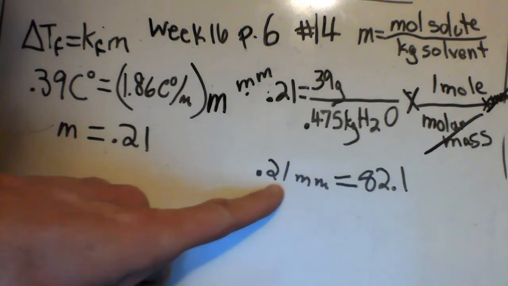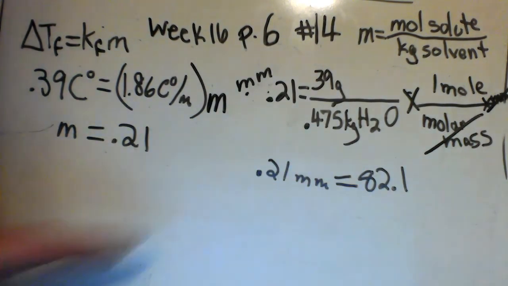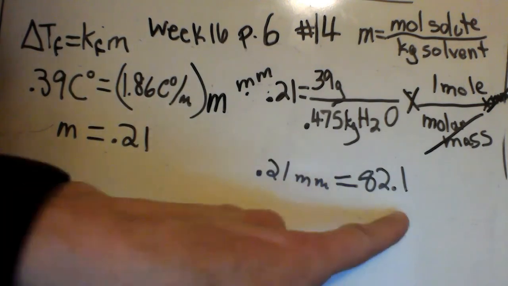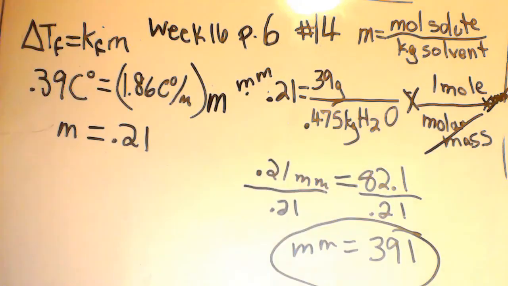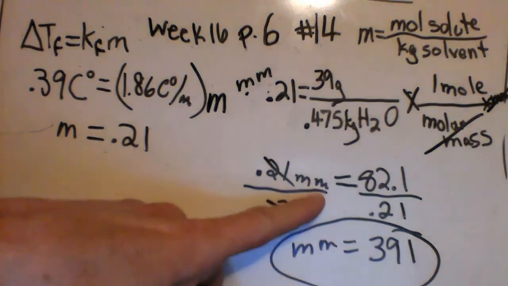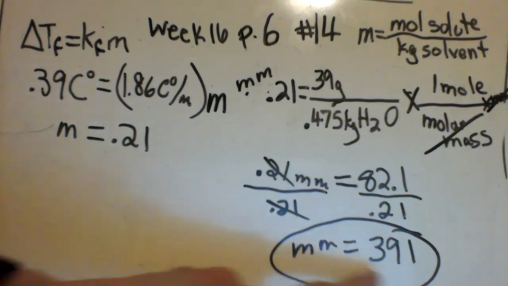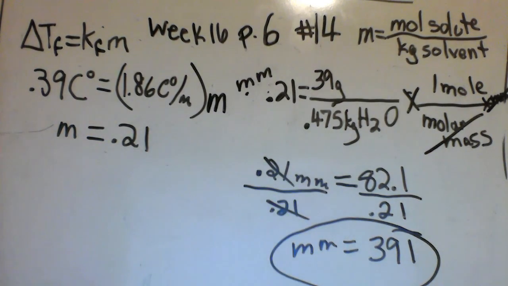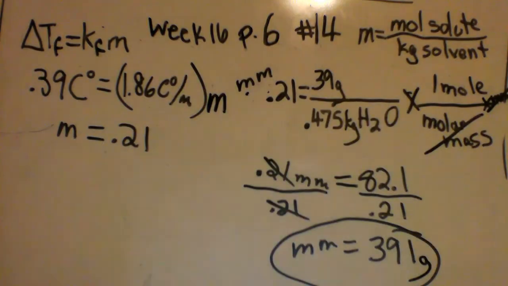It turns out that 0.21 times molar mass equals 82.1. Now we're going to divide both sides by 0.21. We see that molar mass is left by itself over here. When we do the math, the molar mass turns out to be 391. The molar mass turns out to be 391 grams.